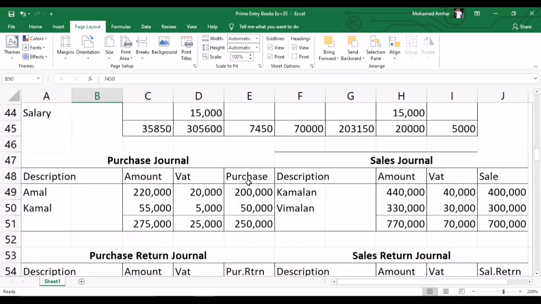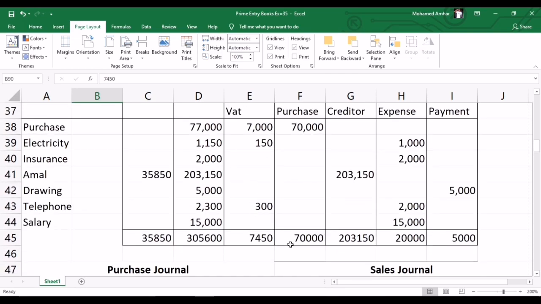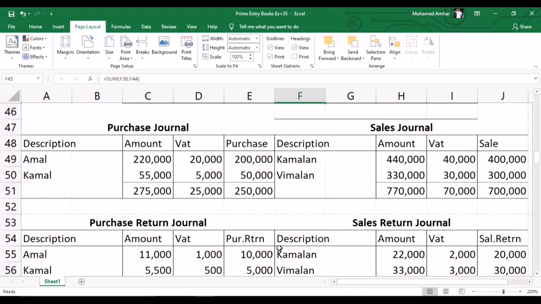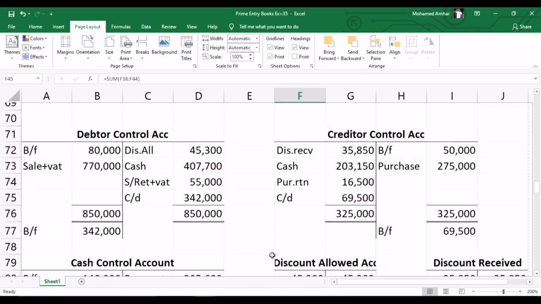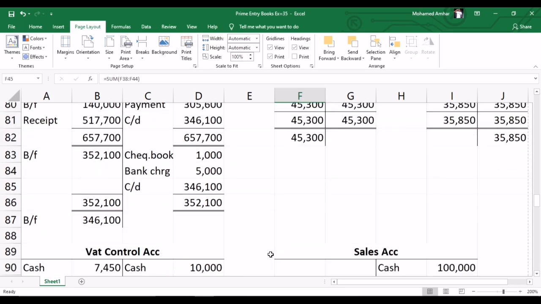And then 70,000 purchase account, debit purchase account. Where is the purchase account?